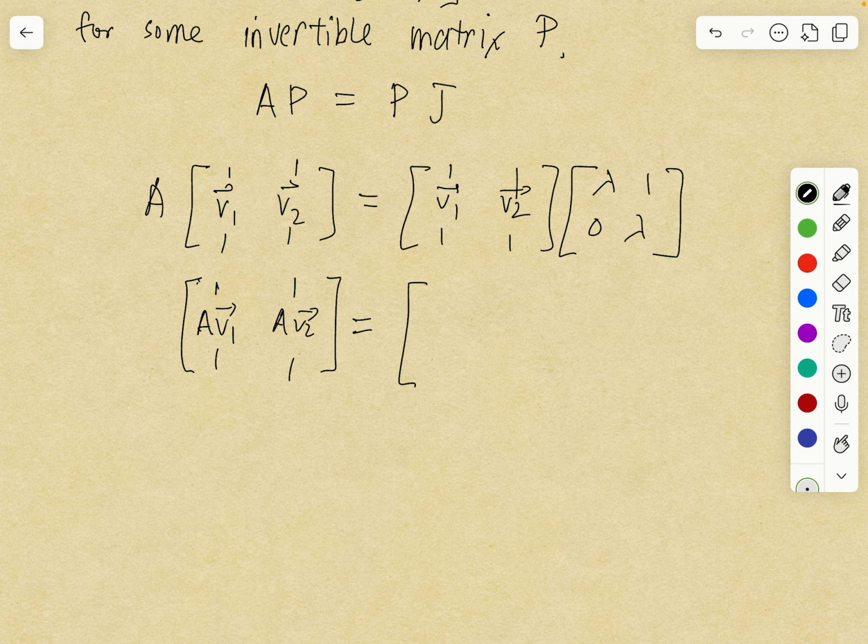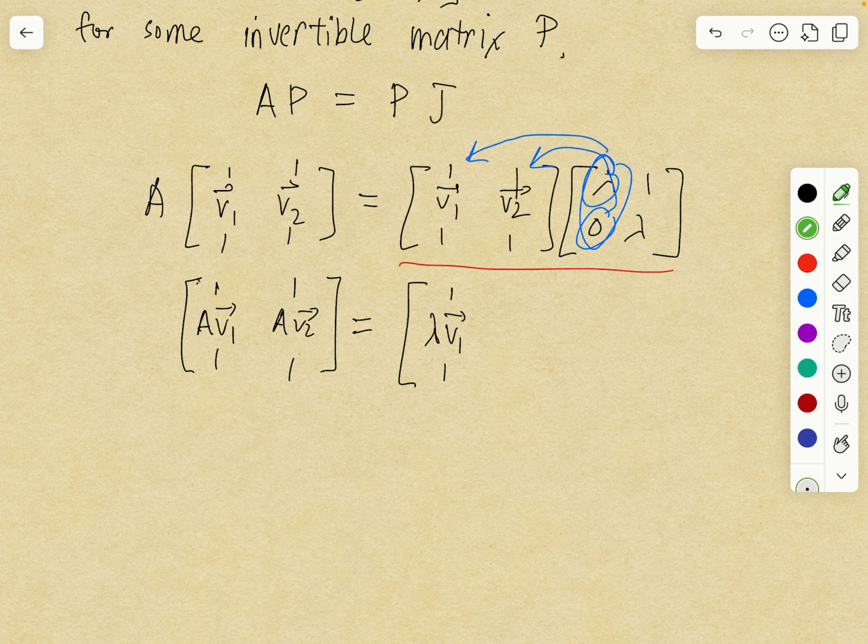Then for the part on the right, you can think of this as taking linear combinations of the columns of the first matrix. So this matrix product is going to be the matrix where the first column is lambda times the first column plus 0 times the second, so lambda v1.